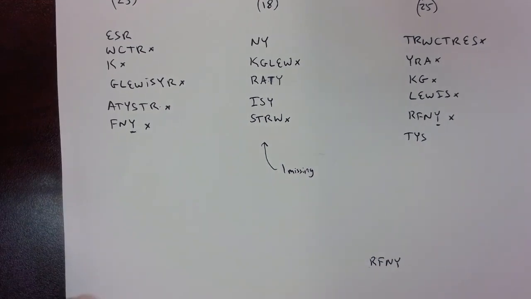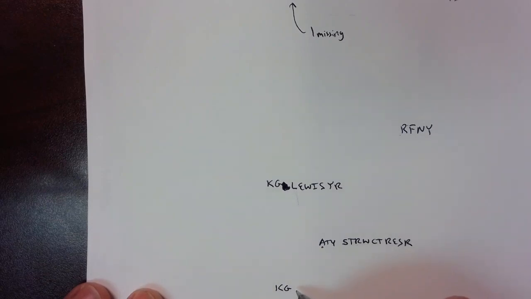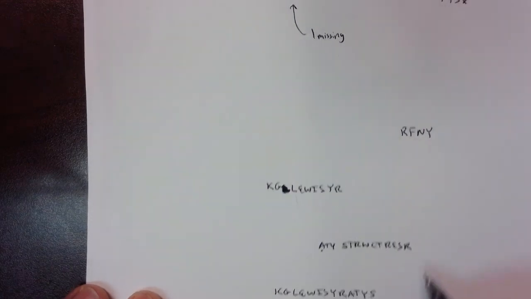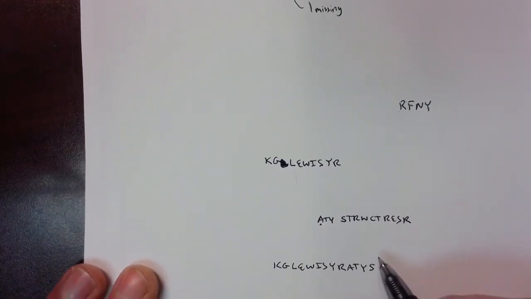So KG, let's put it together now, what we have so far. KGL, EWIS, YR, ATY, ATYS. Yeah, there's my TYS. Okay. So now I've crossed that one out. Just wasn't seeing the connection there.